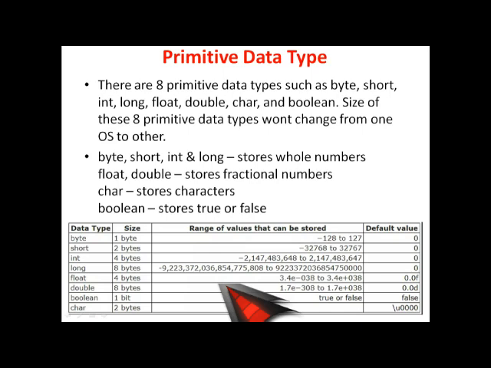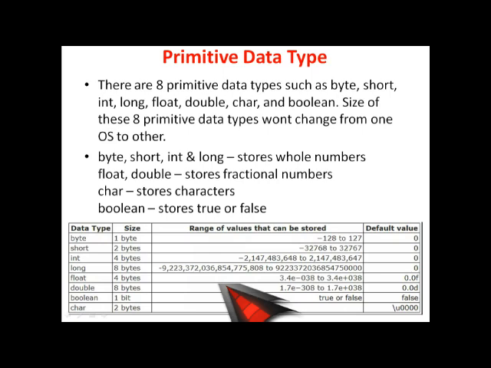Each and every one of these data types has its own capacity to store values. Like byte can store a range up to a maximum of 127. So that is why we mostly use int, which can store up to 2147483647. If we want to go for a larger range, we will prefer to use long.